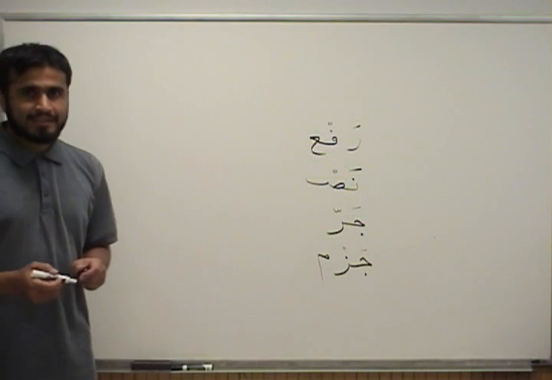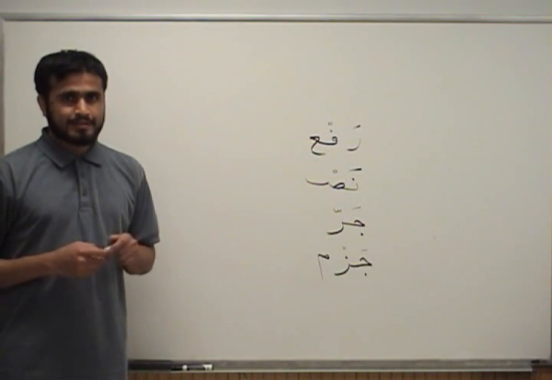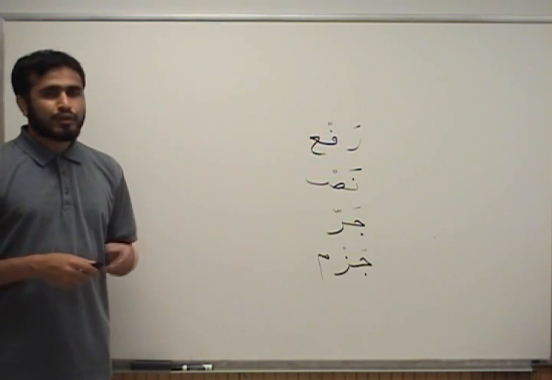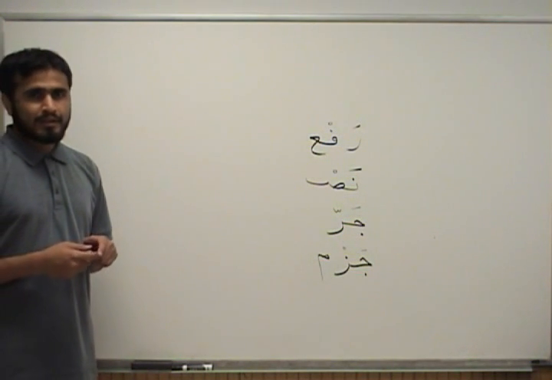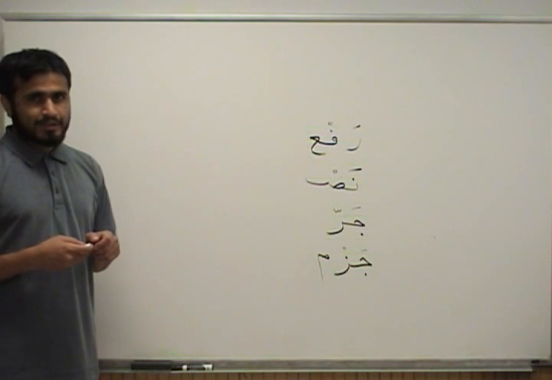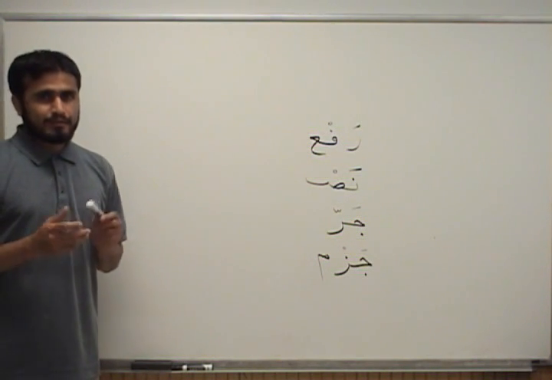These are different states that an ism or fi'l has in a sentence, depending on where they are in a sentence and what role they play. Is it, for example, a subject or object, and so on.